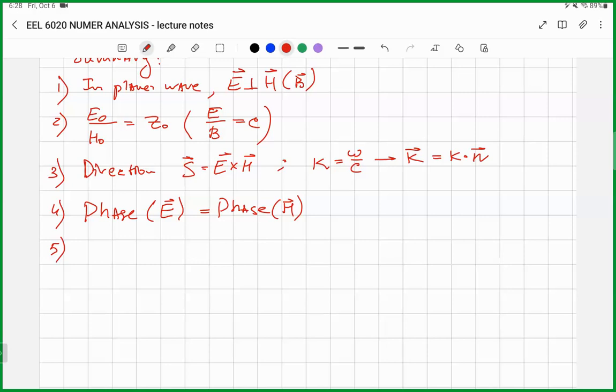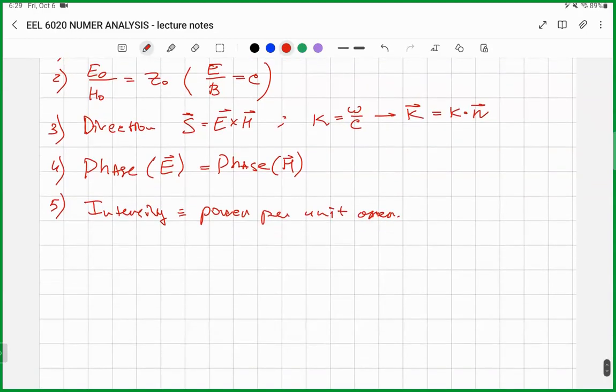Intensity is a quantity that defines the power or energy flux per unit area per time. So intensity is equal to energy per unit time, which is power, per unit area, or the flux of the Poynting vector per unit area.